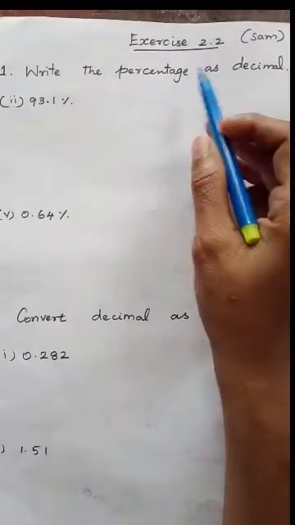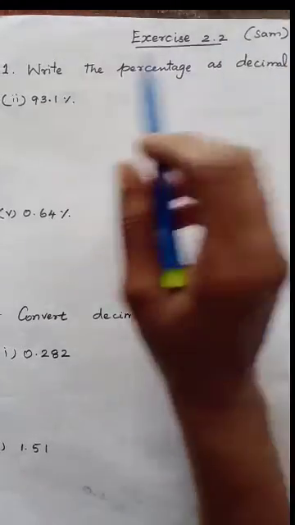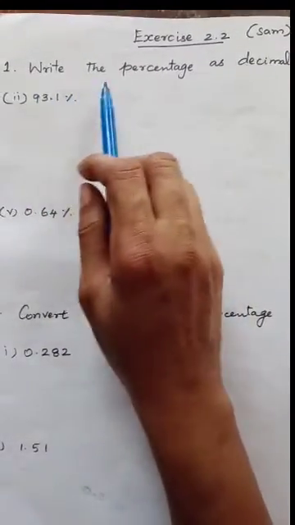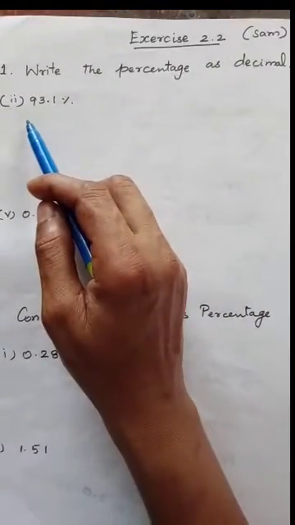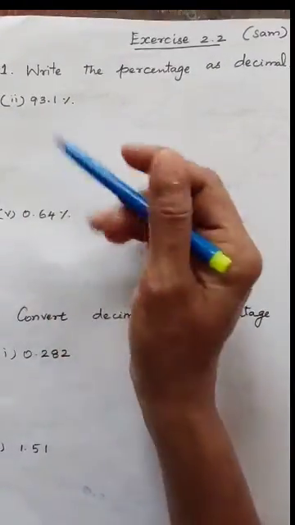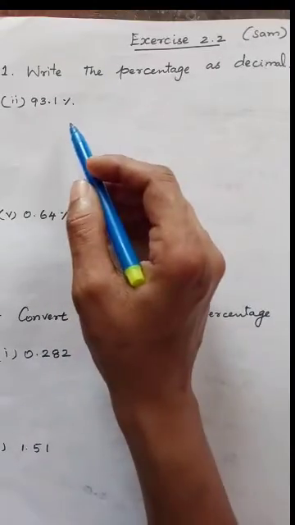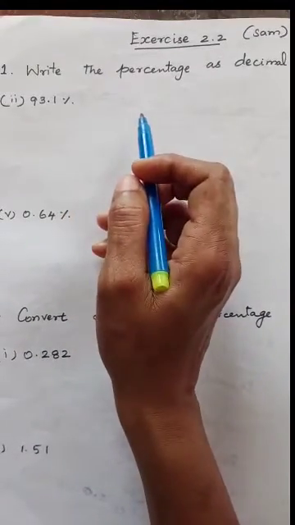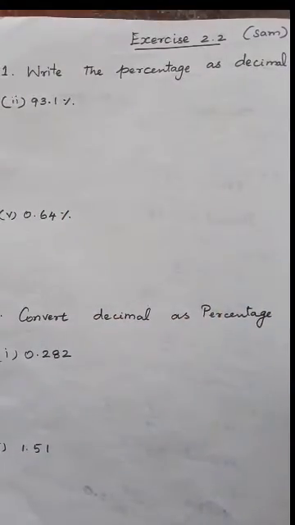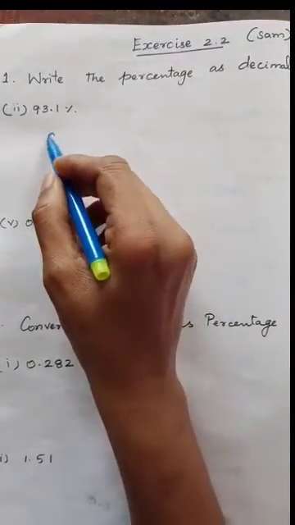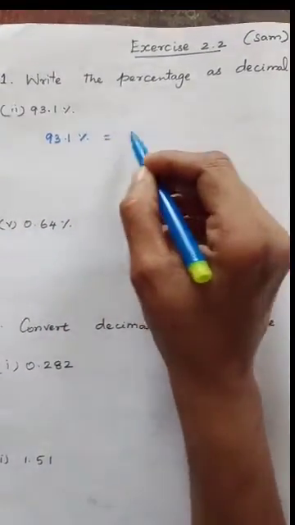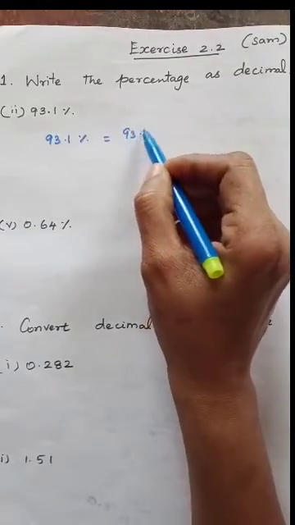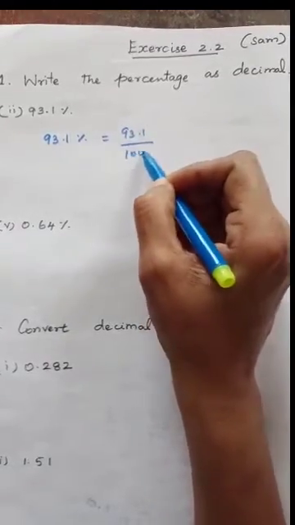Then exercise 2.2. Write the percentage as decimal. First problem, second subdivision. We have to change this 93.1 percentage to decimal. So 93.1 percentage is equal to 93.1 by 100.